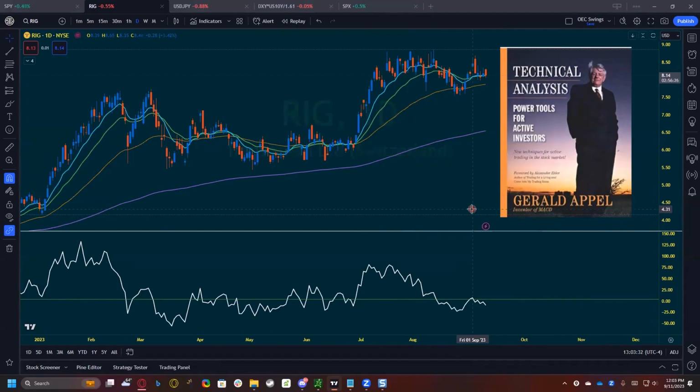In the book, he was talking about how to build these tools, but really the data that you need for the tools is readily accessible in 2023. It's not a problem at all. And so I've already built a number of the indicators that he talks about in this book. This happens to be one of them.